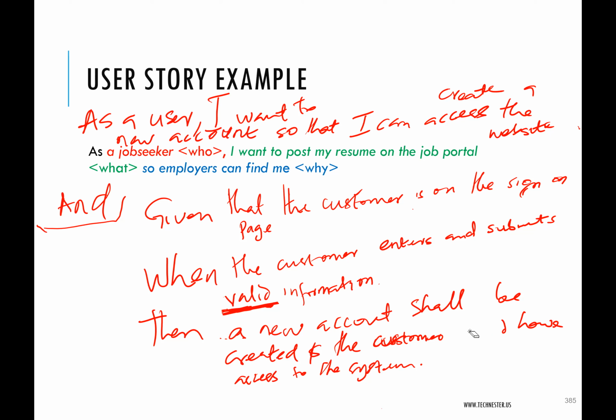Depending on your environment, if they are extremely serious, you can use the legal term shall. An account shall be created. So as long as these conditions are met and the user takes these actions, then these things will result. Same for requirements. When you are writing requirements, ideally you use the legal word shall instead of should or will.